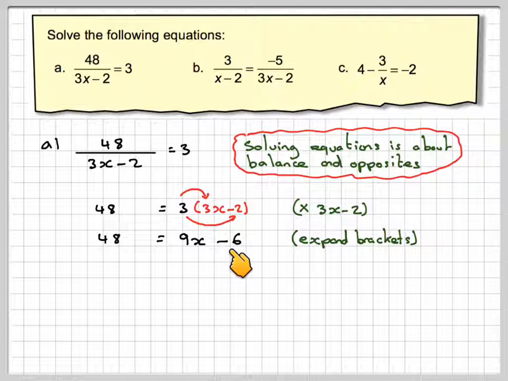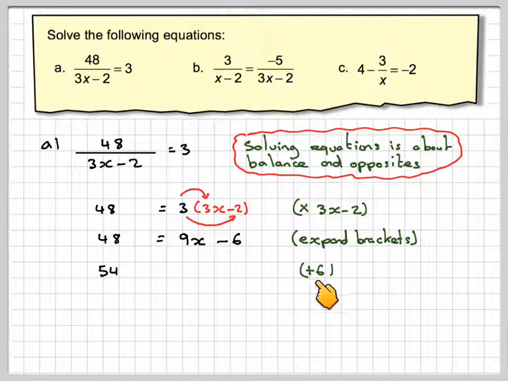Then the opposite of minus 6 is to add 6. What we're trying to do is to put x on its own. So we add 6 to both sides. So 48 plus 6 gives me 54. 9x minus 6 plus 6 just gives me 9x. The opposite of multiplying by 9 is to divide by 9 on both sides.